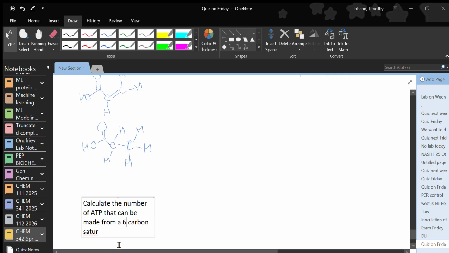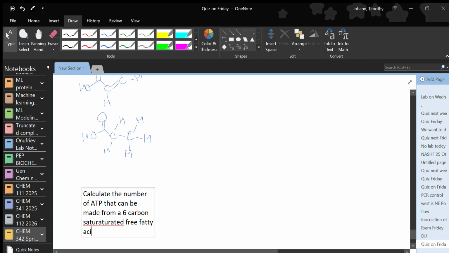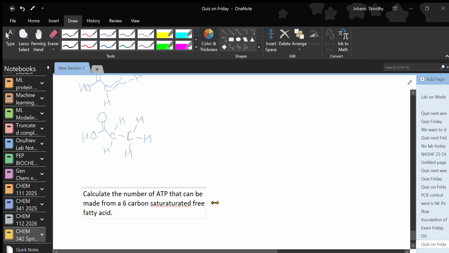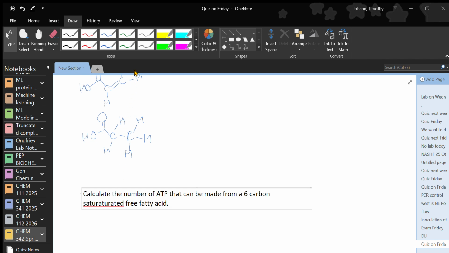The difference is going to get bigger, but a saturated free fatty acid. I'll fix the word saturated. You guys just go ahead and do it. You should know the numbers. What we're saying here is that the acetyl-CoA that get made go through the citric acid cycle.